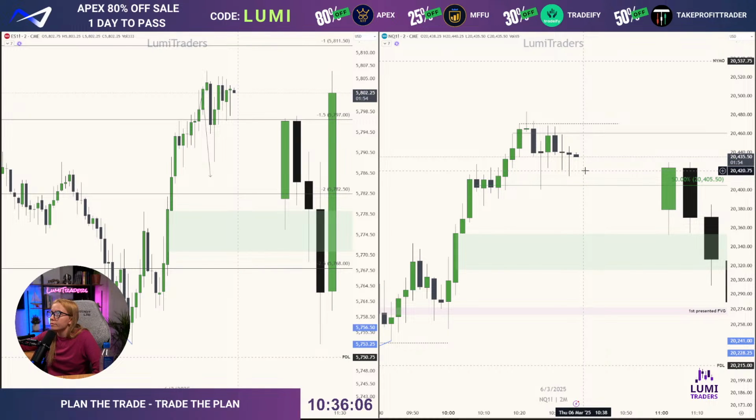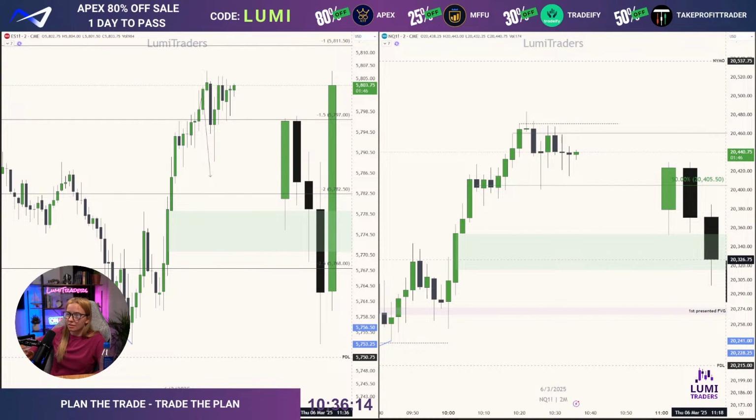Also, we have 15-minute fair value gap lower. Like, why not to enter 15-minute fair value gap? Just asking. 2-minute model suggests lower as well.